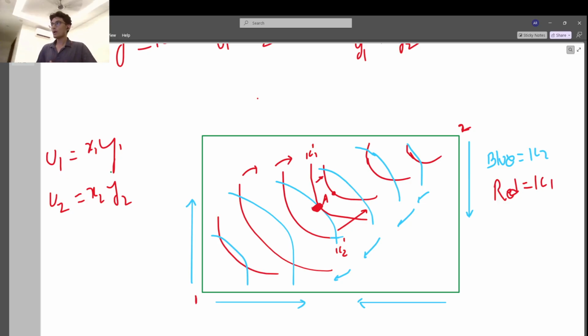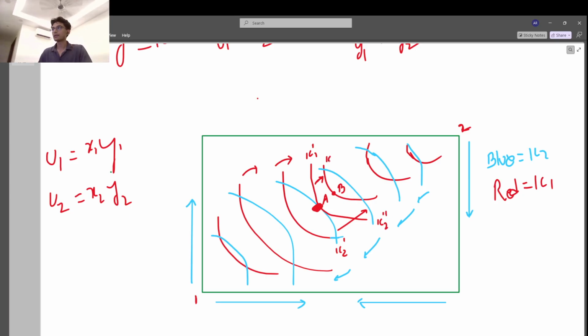So if individual one moves from point A to say point B, then individual one is obviously better off because he is attaining a higher utility level. But individual two is worse off because he is attaining a lower utility level.